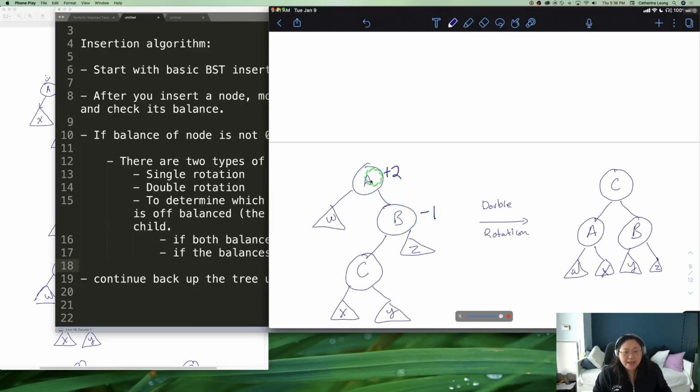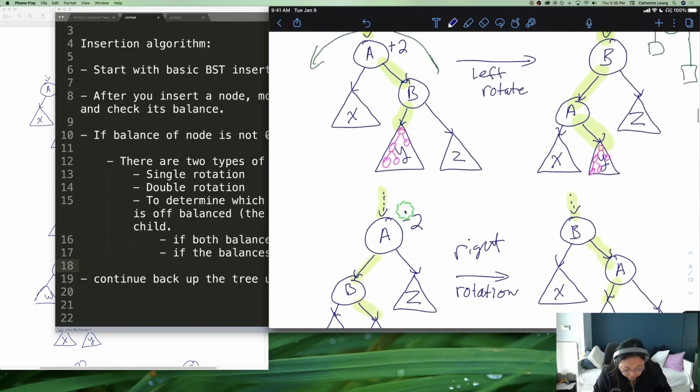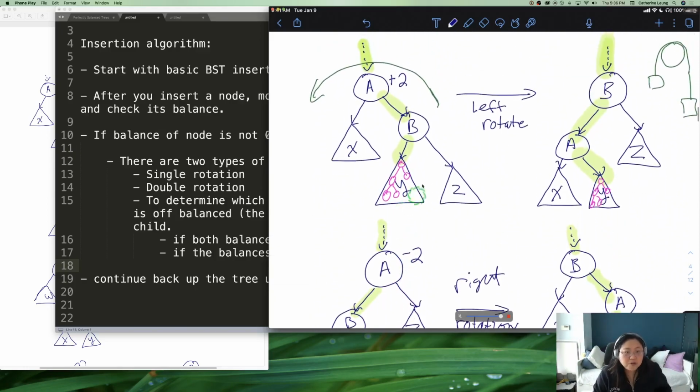At A, the right side is too tall. At B, the left side is too tall. And when that happens, we do a double rotation. In the case of single rotations, you do this when A is +2 and B is too tall on the right. So Z is the one that is big.